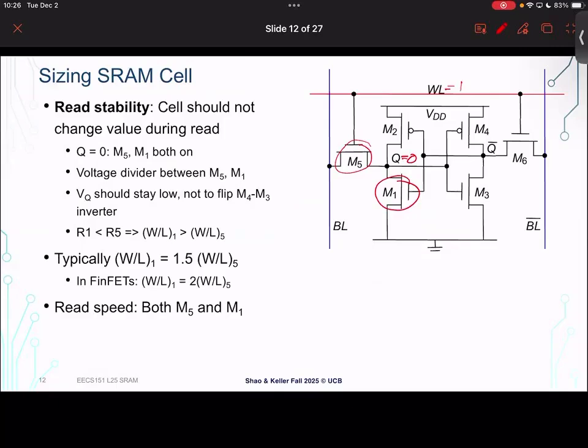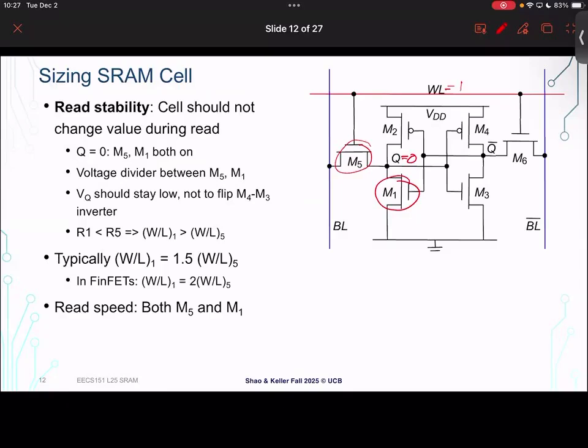Right? So M1 is trying to pull Q down to keep it at 0, but M5 is trying to pull Q up to match the bit line. This is contention. And the problem is that if Q gets too high, then it's going to flip the bit, which is not what we want in a read.